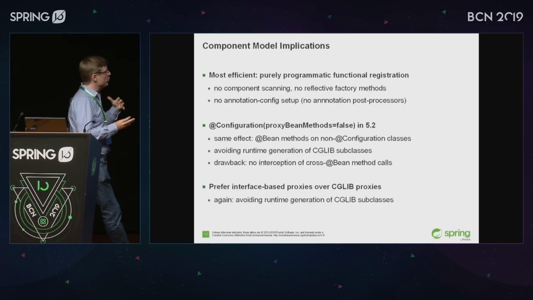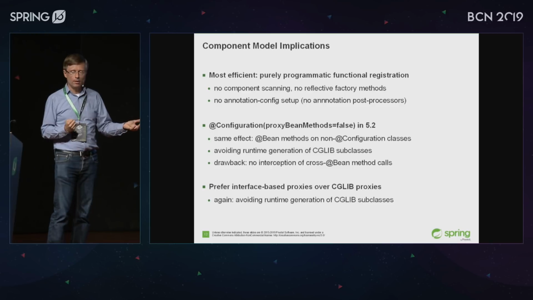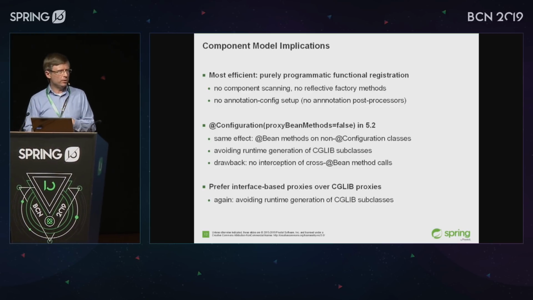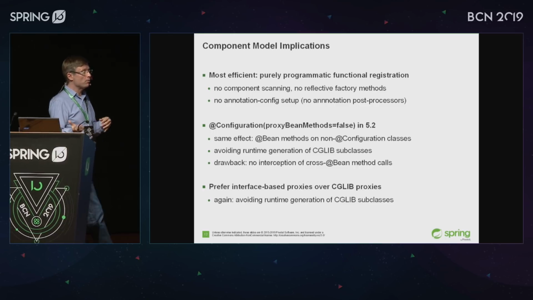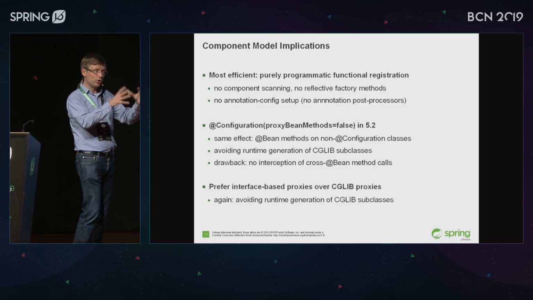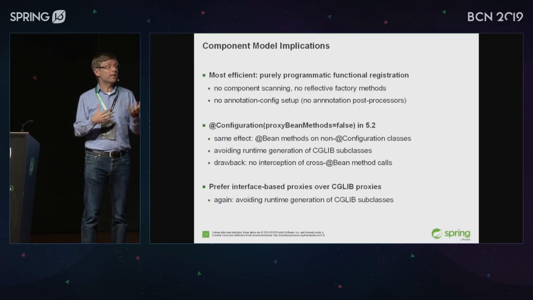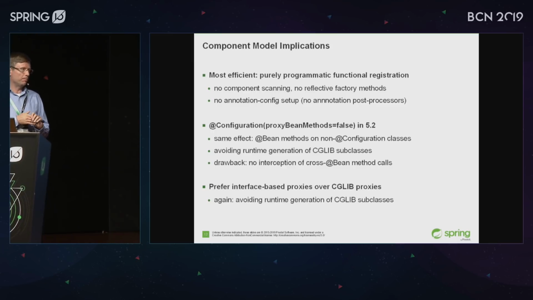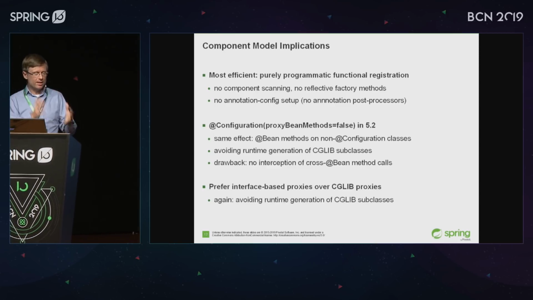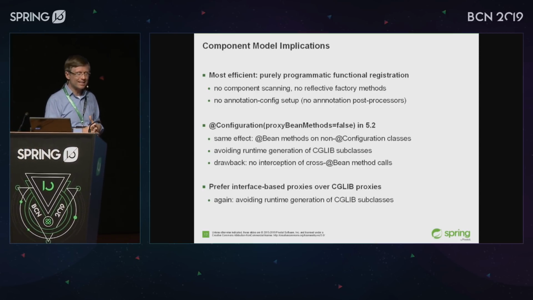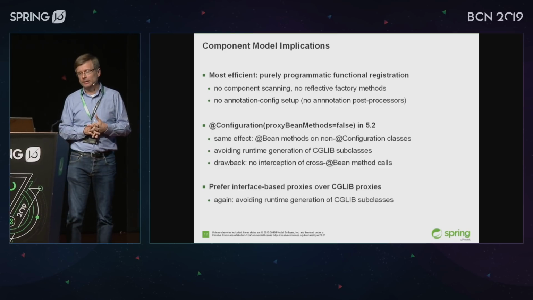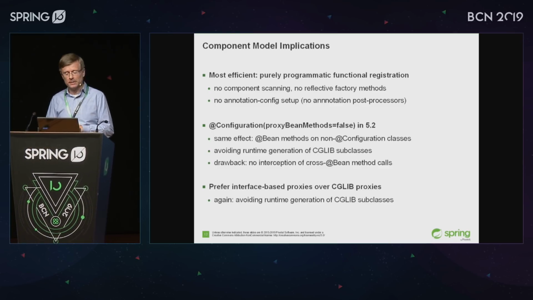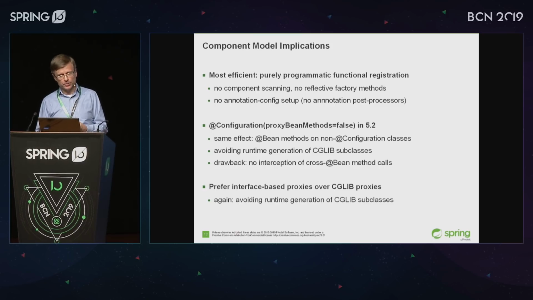This is a mode of operation that the framework always had, always came with. And this becomes a little more important now. If you're trying to optimize for startup time, or if you're trying to design an application for deployment as a native image on GraalVM, you're much better off avoiding CGLIB subclasses. Make use of the standard JDK facilities instead, and you'll have a much smoother experience in those scenarios.